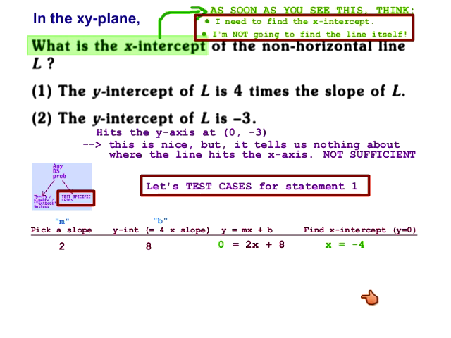Now here's the deal, right? Not sufficient means you get 2 different x-intercepts. Sufficient means you're stuck with the same x-intercept every time. The way to make this efficient here is if you plug in a really ugly value and get the same answer that we already got, you can just be done.